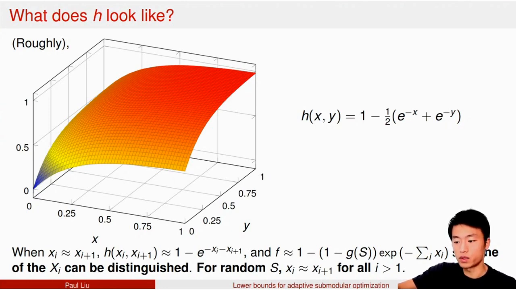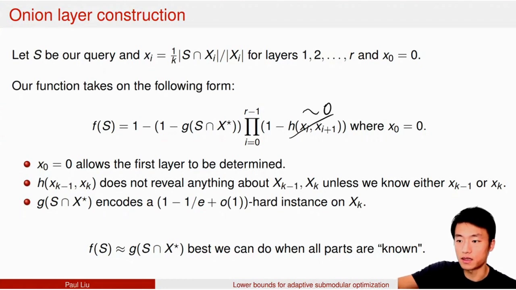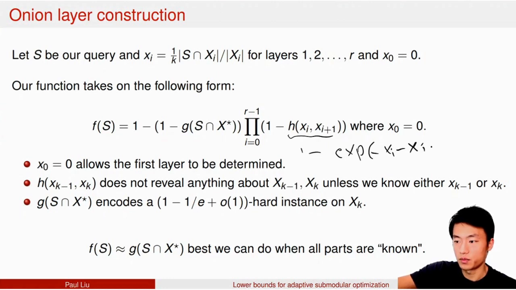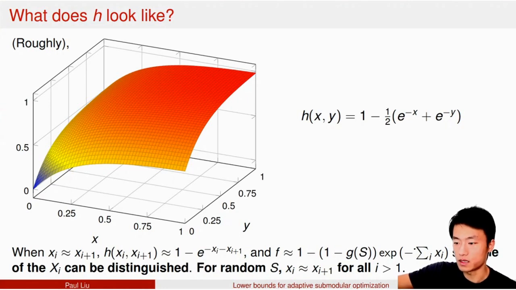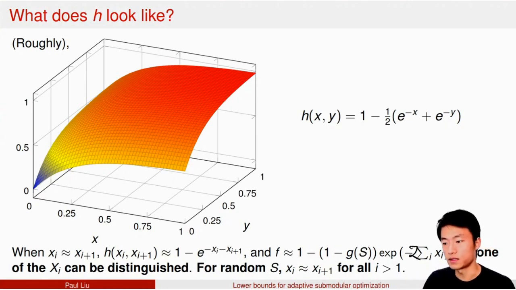And the reason this is important is if we go back to the previous slide, this function h here will be about 1 minus e to the negative xi minus xi plus 1, and these 1's will cancel out, leaving just positive e to the negative xi plus 1. Now, the product of all those together will be the sum of twice e to the negative xi.